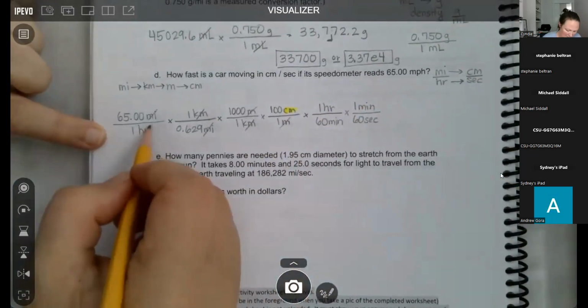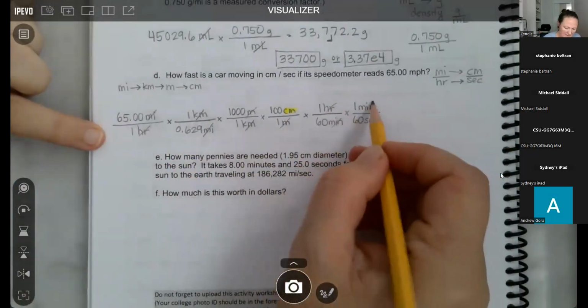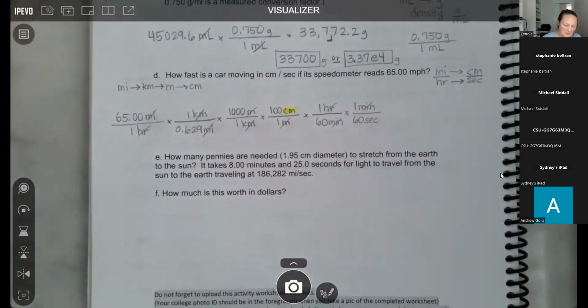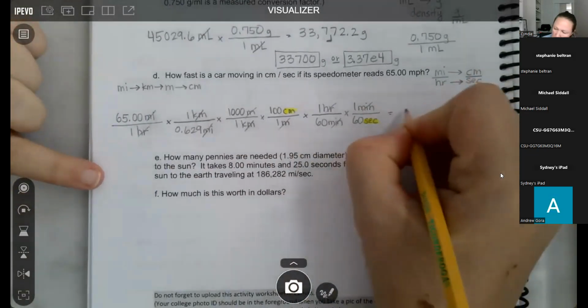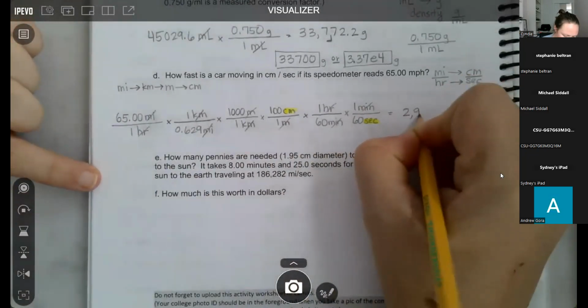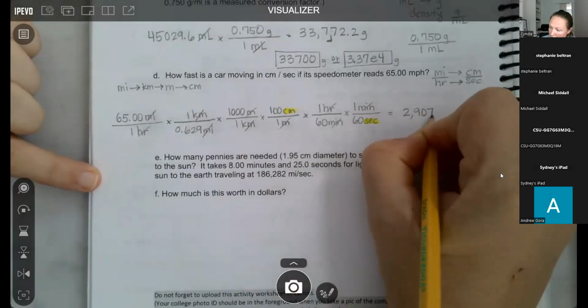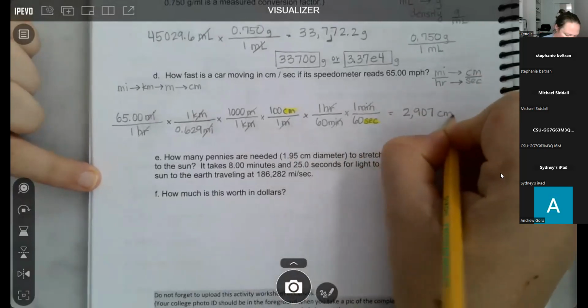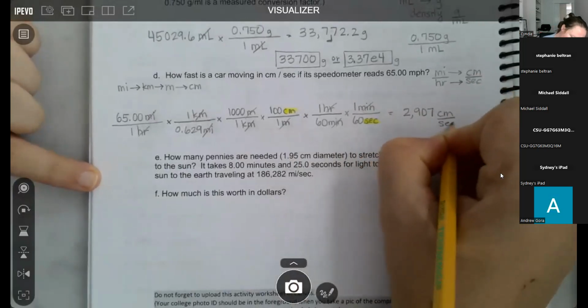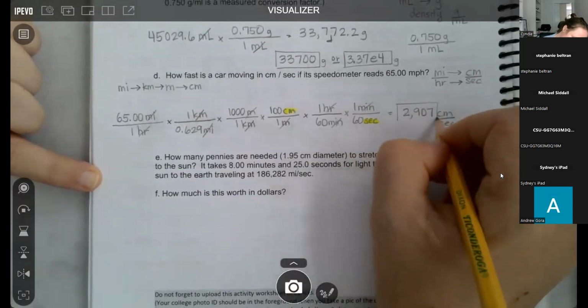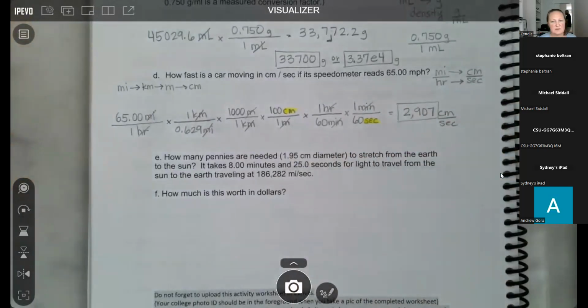So my hours are going to cancel out, my minutes are going to cancel out, and now I'm in centimeters per second. So if I multiply all that out, I am going to get 22,970, or sorry, 907 centimeters per second. And that has 4 significant figures, so I can just put that into Canvas.